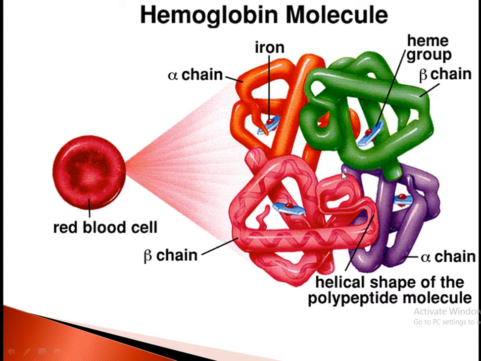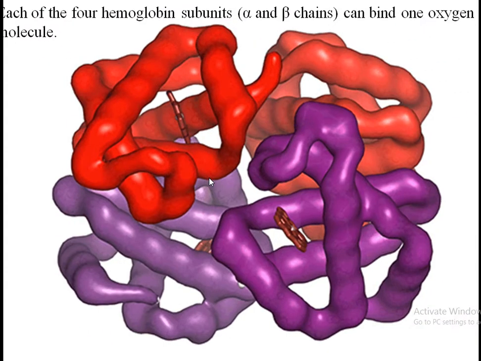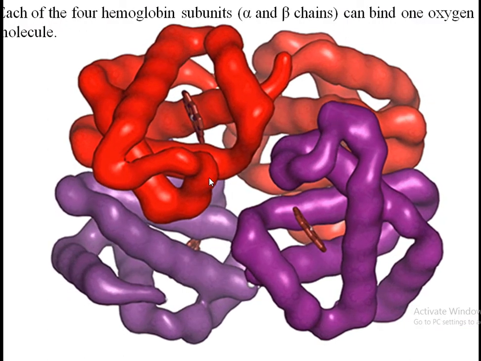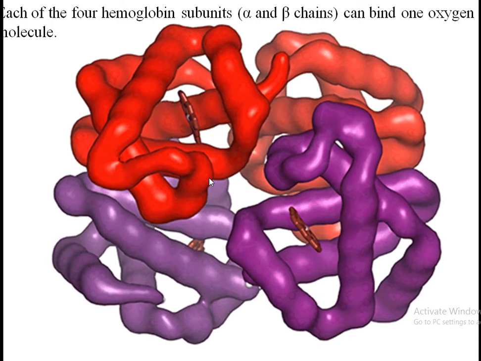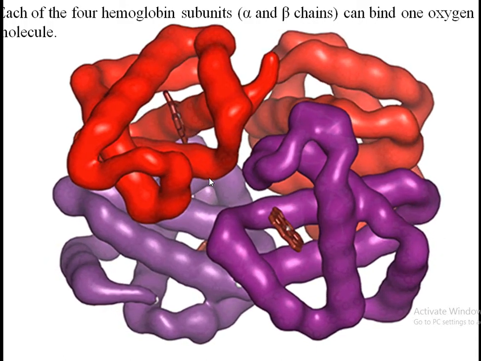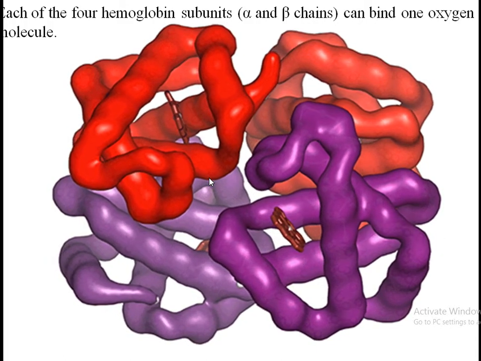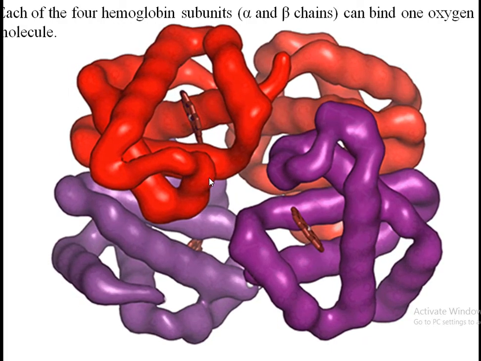This is the basic structure of the hemoglobin molecule with the attachment of the iron and heme group. And I want to show you another very nice animation, to show the 4 hemoglobin subunits, alpha and beta chains, combined with the 1 oxygen molecule.